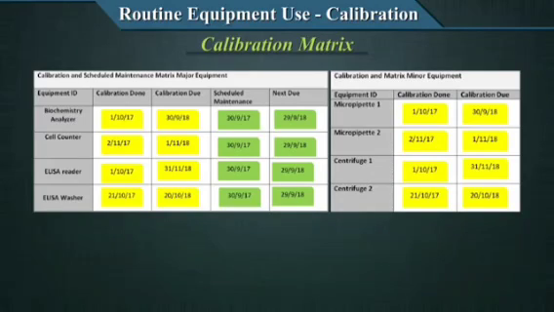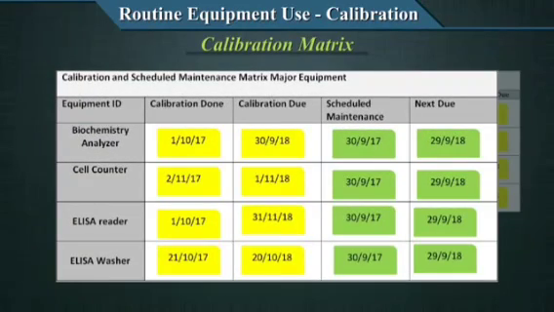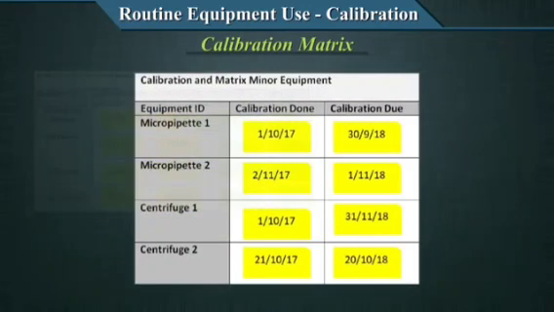We talked about certificates and what the certificate should contain. One more very useful document that you would want to keep for your reference is a calibration matrix. I'm giving a picture of a sample calibration matrix here. It's a very handy document if you develop a calibration document for both major, which is analytical, and minor, which is ancillary equipment, for a quick reference.